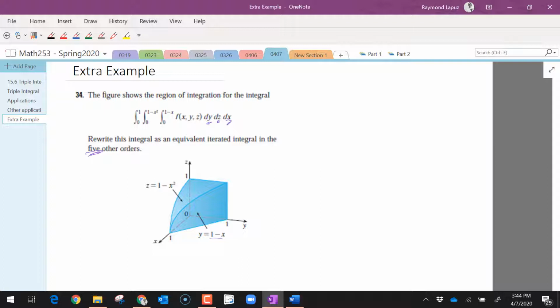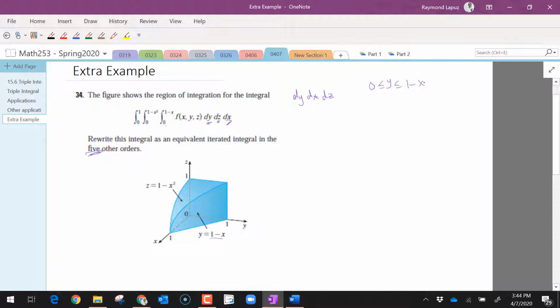But let's figure out the dy dx dz combination. If you have the dy dz dx combination, which is what we have here in this triple integral, you already know the y limits. So let's just rewrite the y limits here: they go from 0 to 1 minus x.